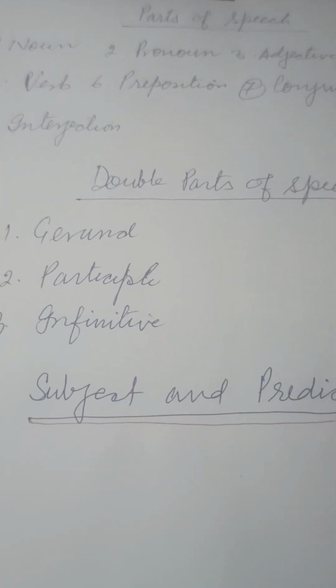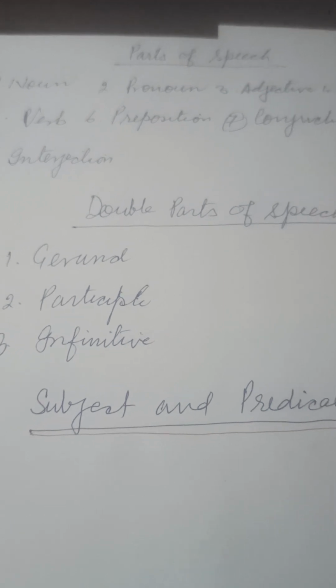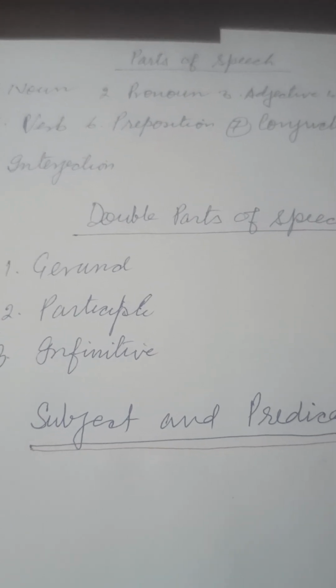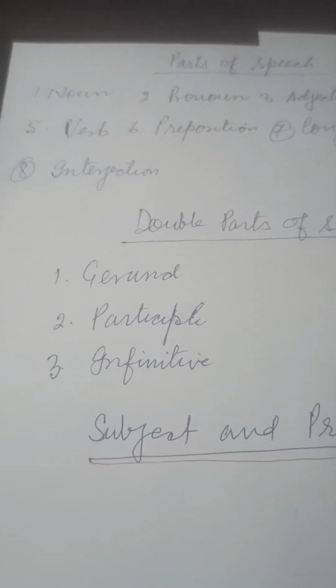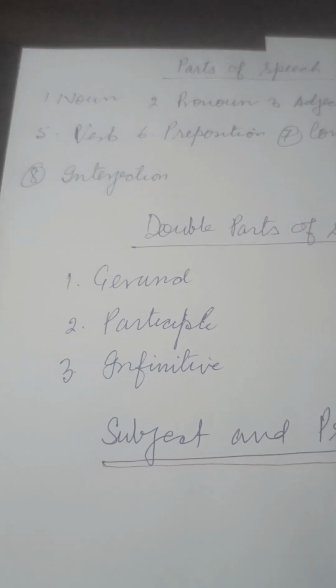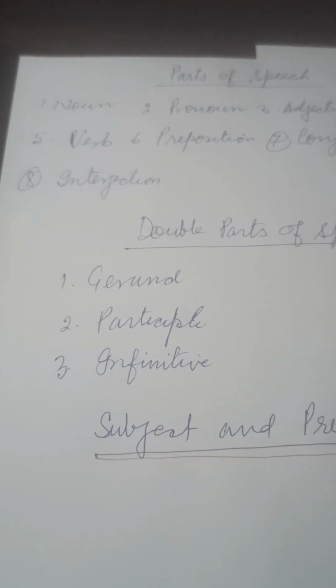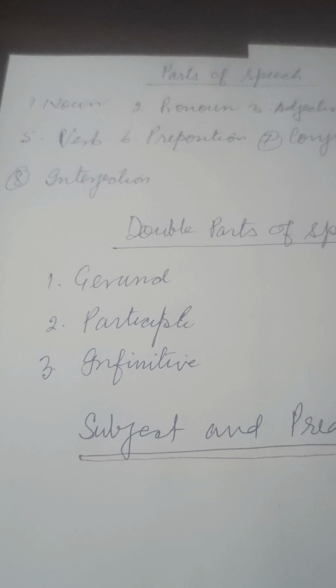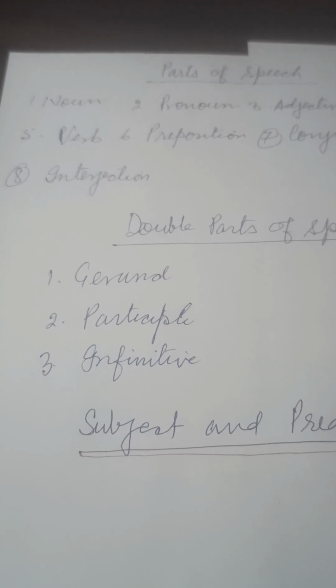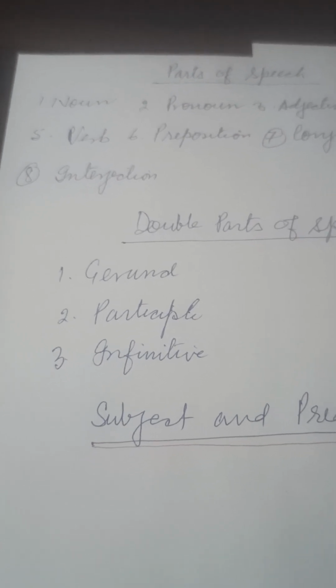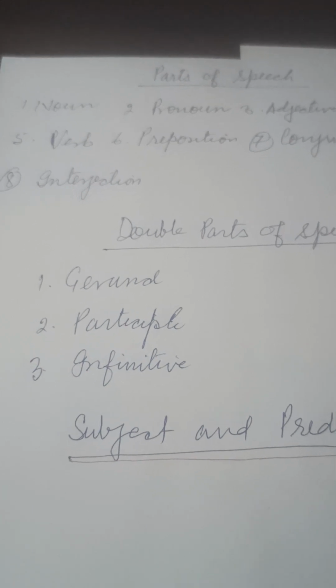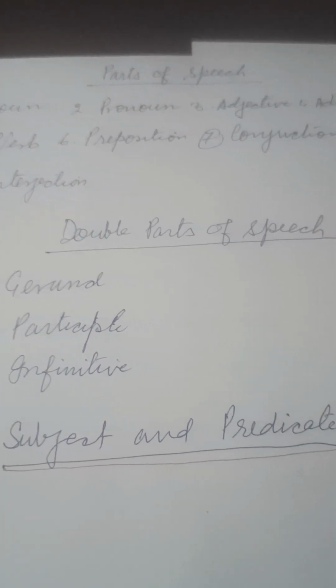So you will come to know that these are in the form of words, and words are divided into 8 parts. When we are able to identify the nature of the words, how we can identify a particular word, certainly it is easy for us.